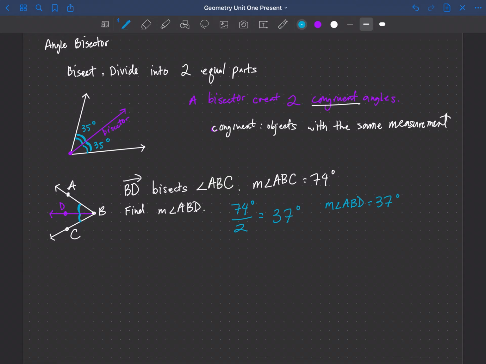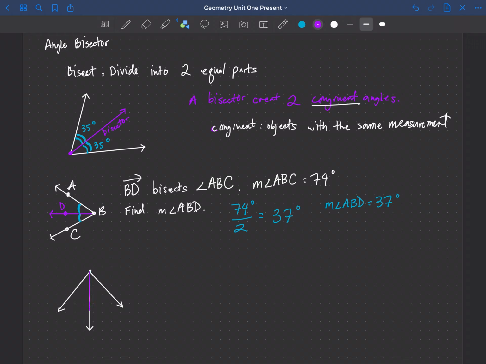Okay. One more example. Let's do an alternate scenario where we use bisect. Okay.